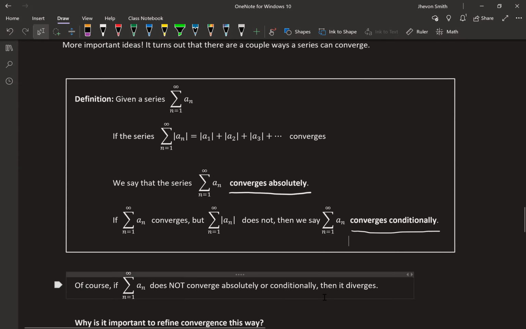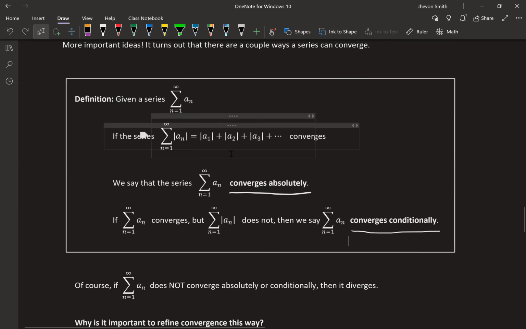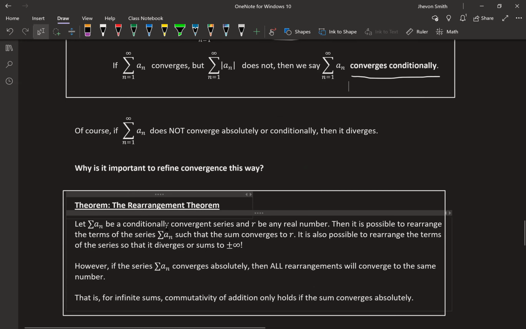Now, if a series does not converge absolutely or conditionally, of course it diverges, but there are two types of convergence for series. You can converge absolutely, or you can converge conditionally. Now, why is it important for us to think about convergence in these two ways? It might seem odd why we're thinking about this, but it turns out that there's a very important theorem that tells us why we need to worry about this. It's called the Rearrangement Theorem.